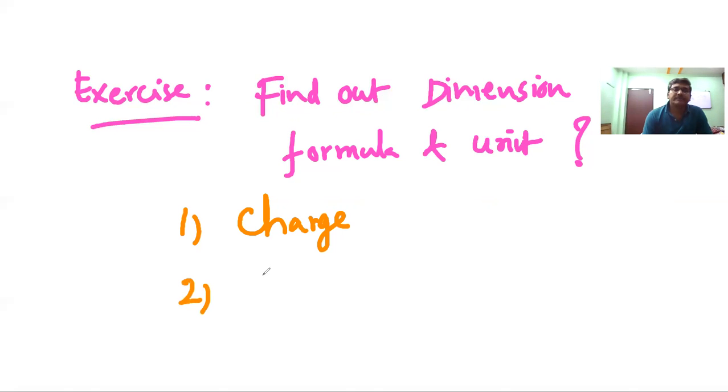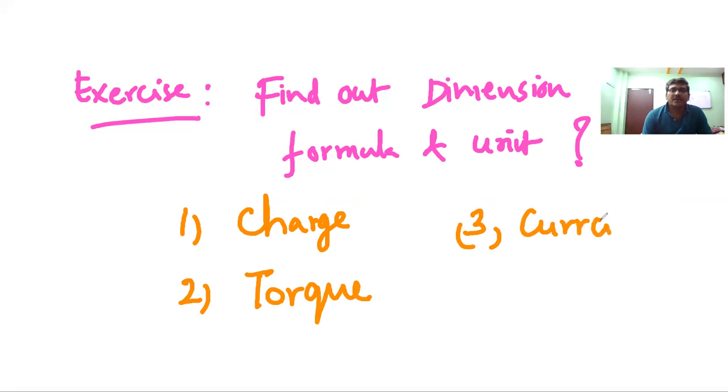The second one is torque. The third one is current density. These are the three things. You can go for the exercise, and I will explain these in detail in the next session.